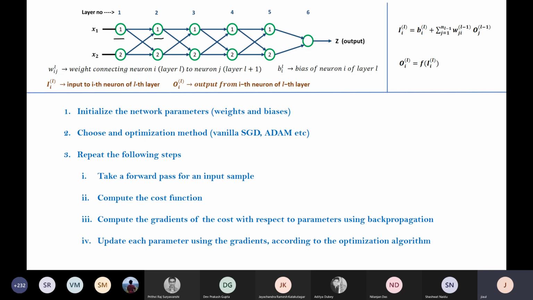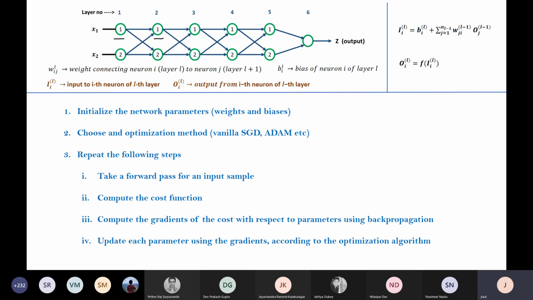In step 3, you take a forward pass for an input sample and compute the cost function, something you have done in the previous slide. Then compute the gradients of the cost with respect to the parameters using backpropagation. Then you apply the particular optimization method, vanilla SGD or Adam or AdaGrad, to update these parameters, and then you simply repeat again and again.